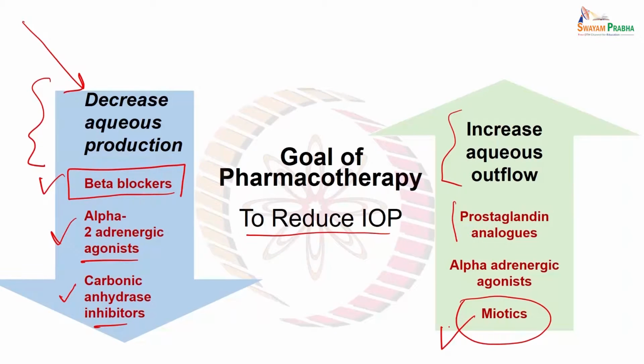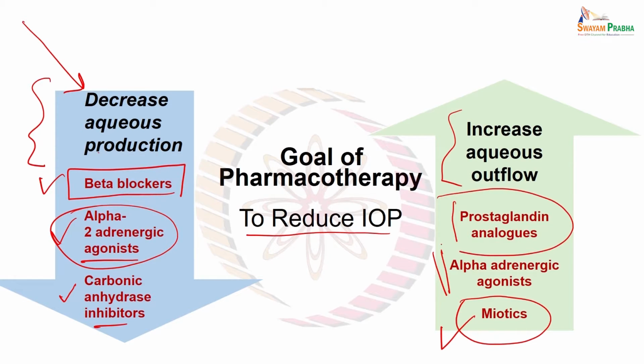You will recall that mydriatic agents like atropine or atropine-like drugs, like antihistaminics and antidepressants, block the canal of Schlemm and therefore precipitate glaucoma. Alpha adrenergic agonists have a dual action: they reduce the production as well as increase outflow.